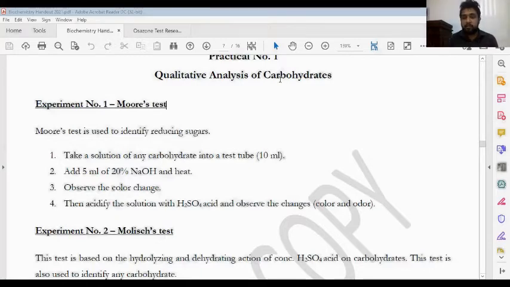Basically, what is meant by a reducing sugar? And why can some disaccharides not act as reducing sugars or reducing agents? What is the principle behind that? Always know the principle or the theory behind things.